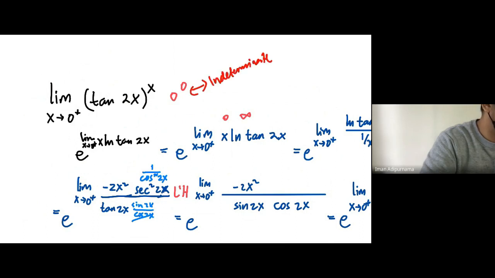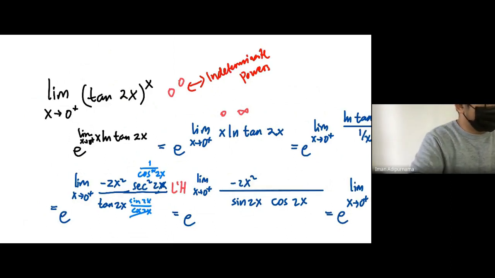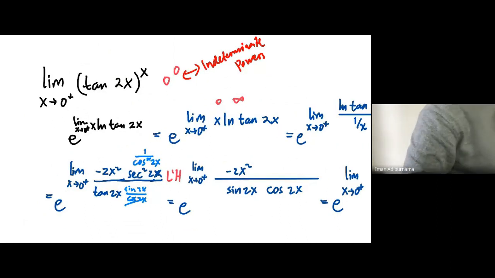Indeterminate powers, or we can just generally say indeterminate forms. In my case here, I'm writing the whole equation, tangent of x to the power of x, with the base e, and evaluating this limit on the top.